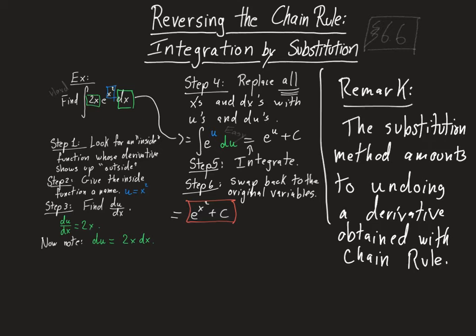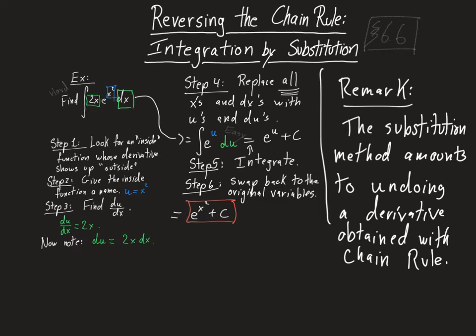And you can just double check this, because remember that derivatives and integrals are the opposite processes of one another. And you can check that, for example, e to the x squared, if you were to take its derivative, you would have to use chain rule, and you would get that its derivative is 2x e to the x squared.